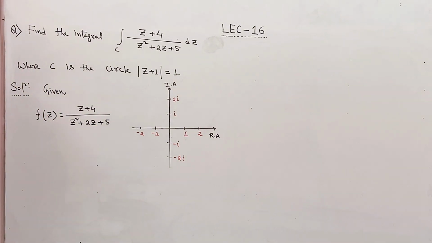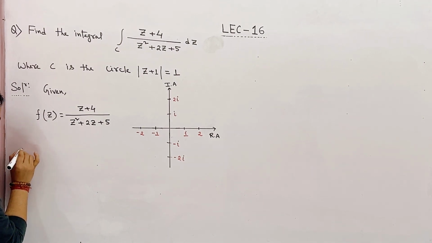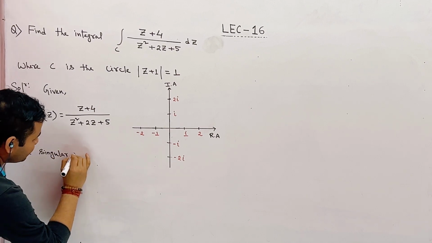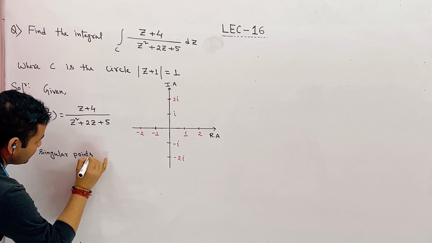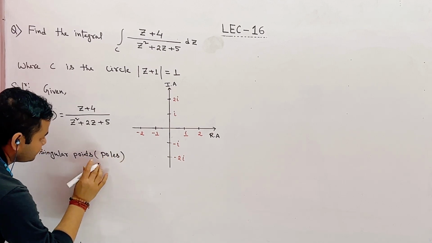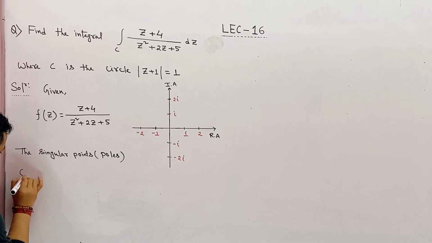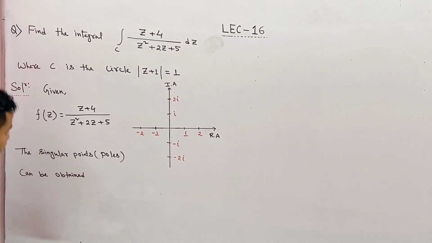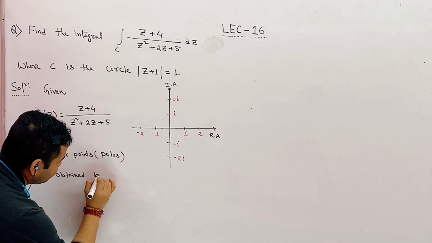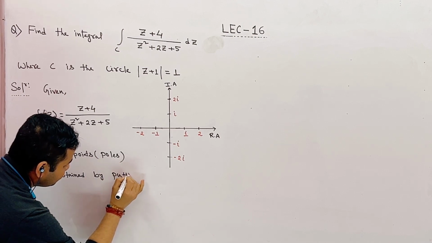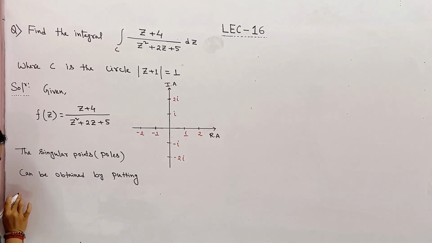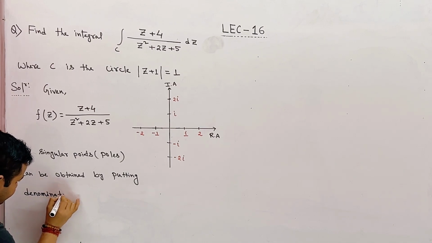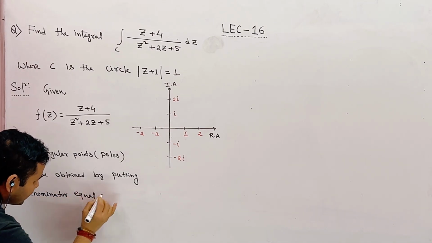Now, let us find out the singular points. The singular points or poles can be obtained by putting denominator equal to 0.